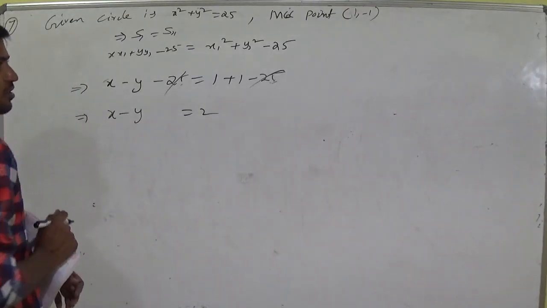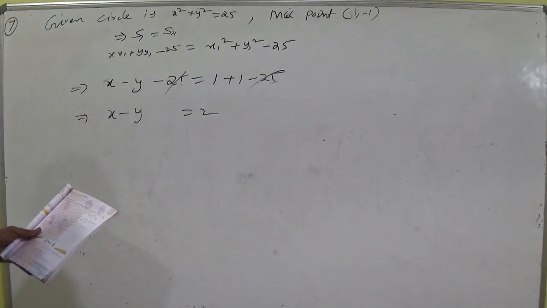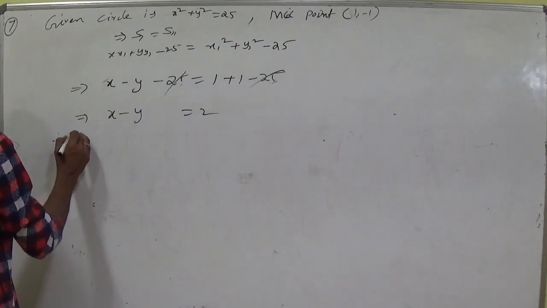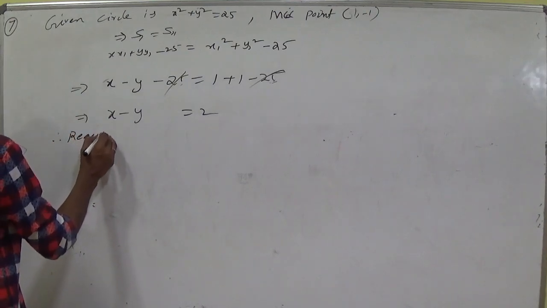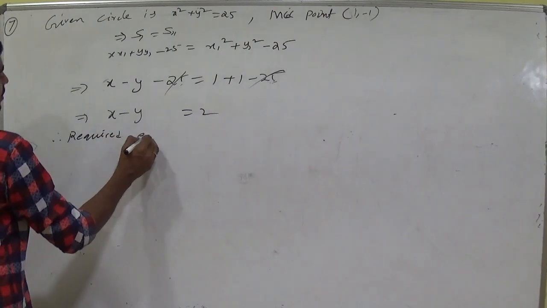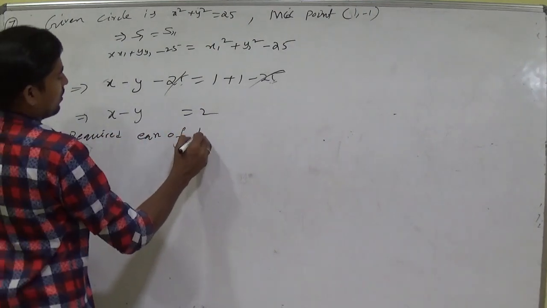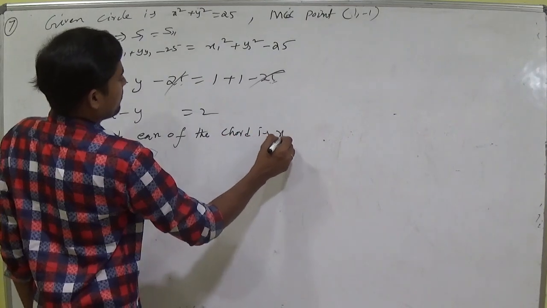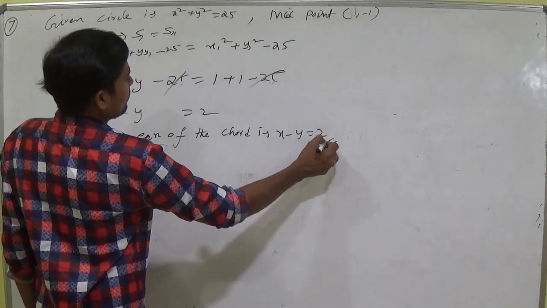Therefore, the required equation of the chord is x minus y equal to 2.